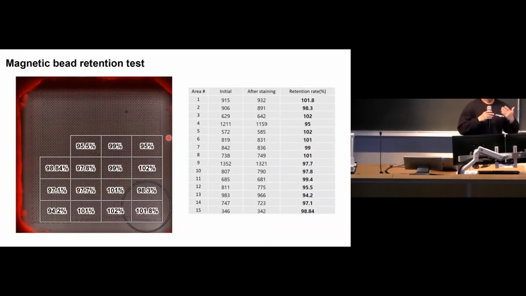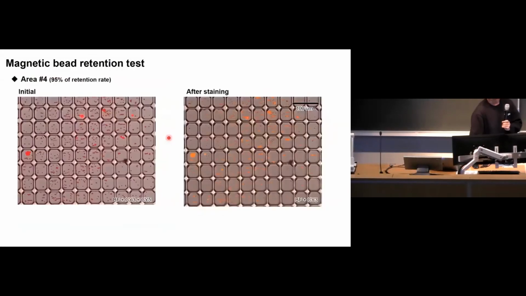We will see how many beads are actually left by picking those beads by image analysis. Those beads are autofluorescent and they glow red, so we can pick them and count their number before and after. There are some errors in the imaging process, as we can see. For example, contaminants like this will create some errors.